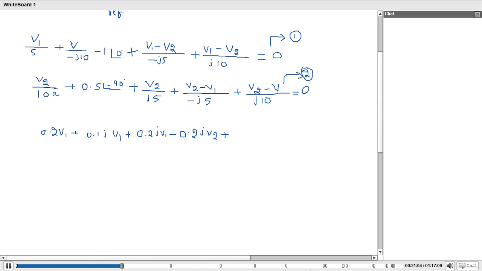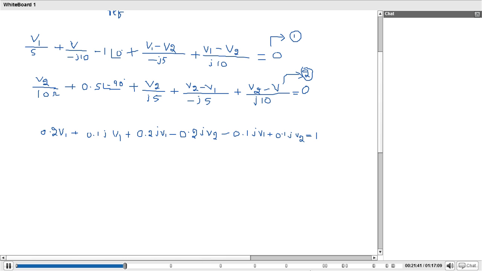So here 1 by 10 is 0.1. So minus 0.1 j V1, and here minus V2 and here minus. So plus, minus into minus plus, 0.1 j V2 is equals to 1. 1 at an angle 0 is nothing but 1, right?